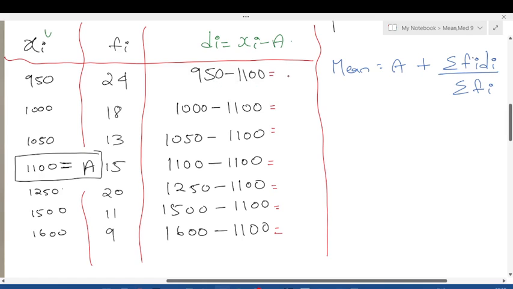For example, the first one you'll get negative 150. The second one you'll get minus 100. Calculate for all of these. Once you're done, let me know.